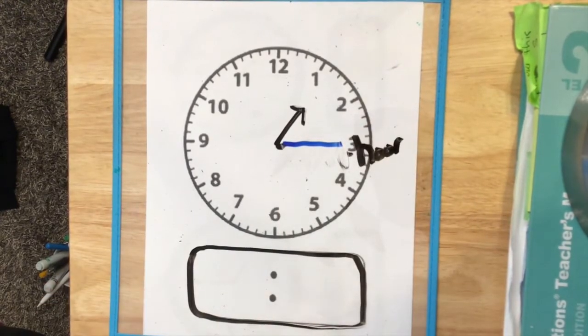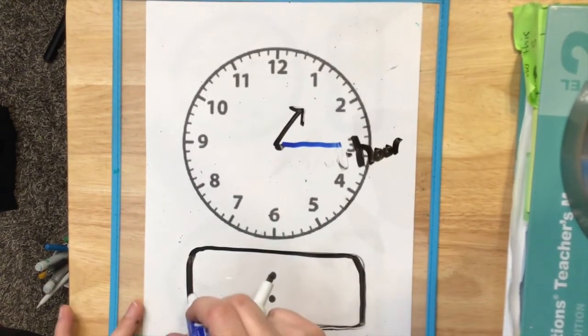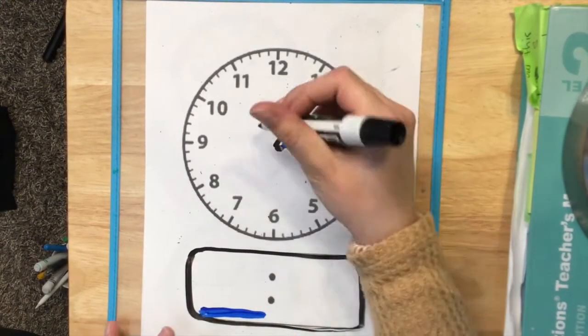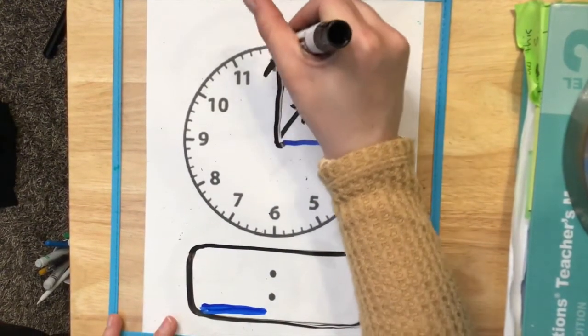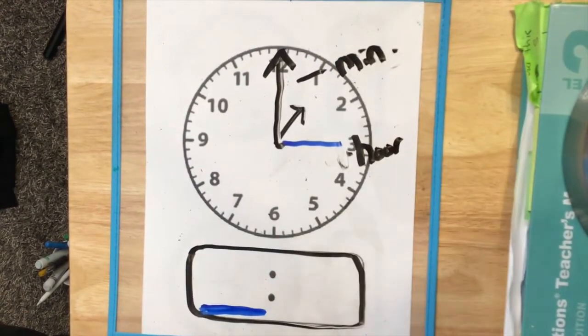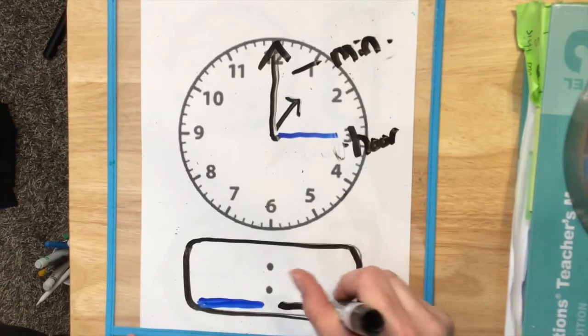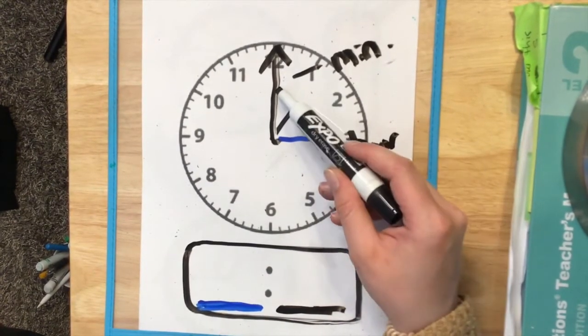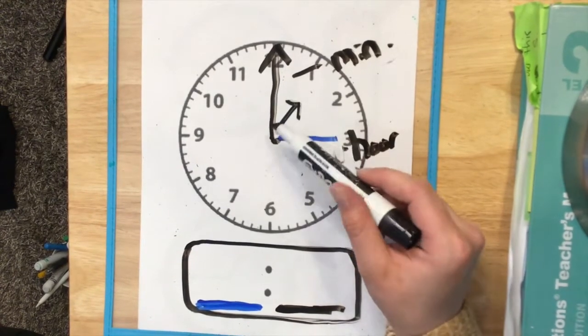Now, when we write the hour in our digital clock, that is going to go on this side of the digital clock. The long hand on the clock tells us the minutes. So that is going to go on this side of the digital clock. So the short hand is always going to tell us the hour, and the long hand is always going to tell us the minutes on the clock.